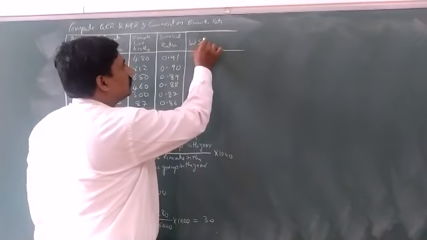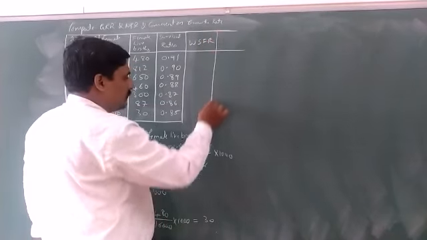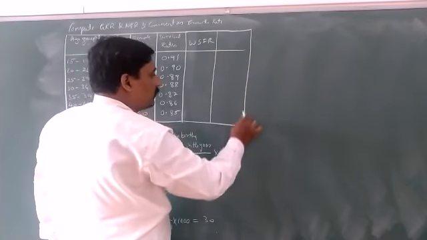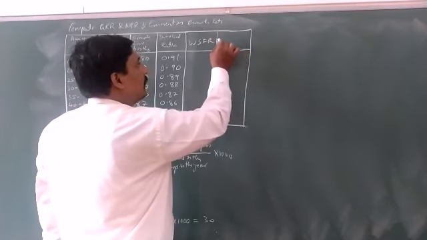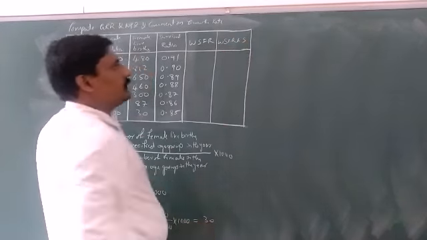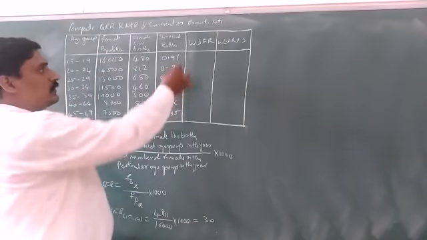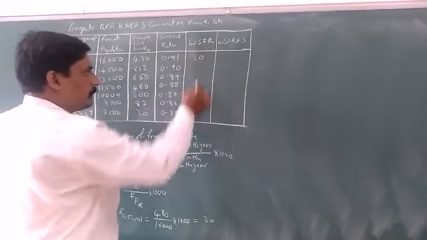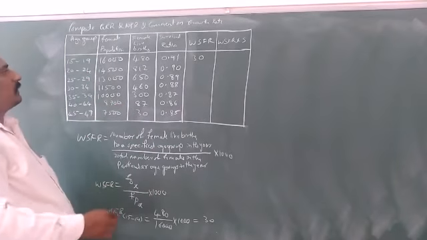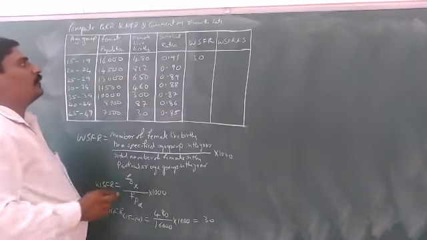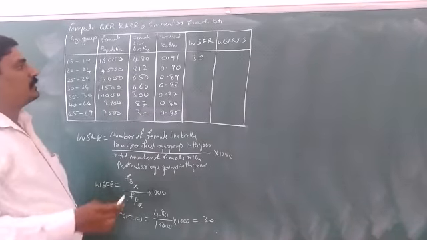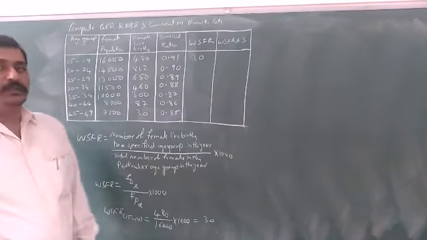You need two columns, WSFR, which is required for computation of GRR, and next WSFR into survival ratio S. So first WSFR is 30. Let us calculate WSFRs first. Second WSFR for age group 20 to 24, live births of females are 812 and female population of that age group is 14,500.